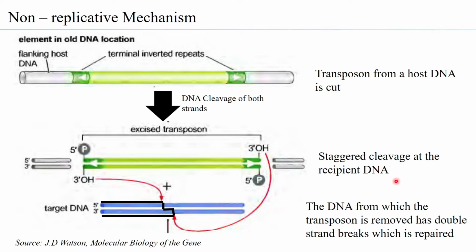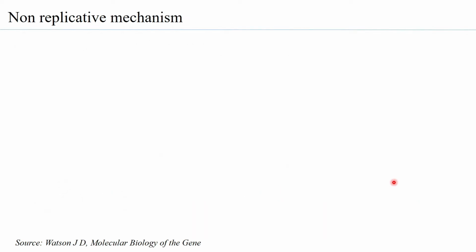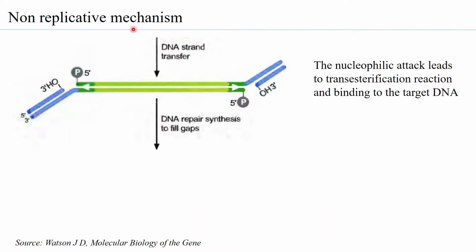Now, what is important to note is that you would have the transposon, through transesterification, bind to the cut ends of the recipient DNA. So the nucleophilic attack is eventually leading to formation of a phosphodiester bond with the recipient DNA.